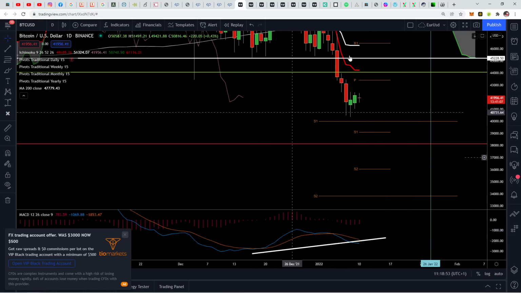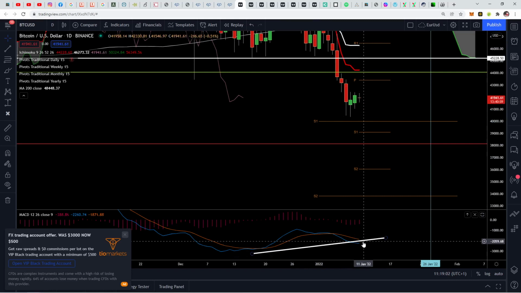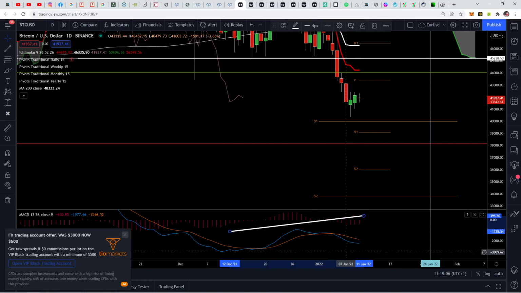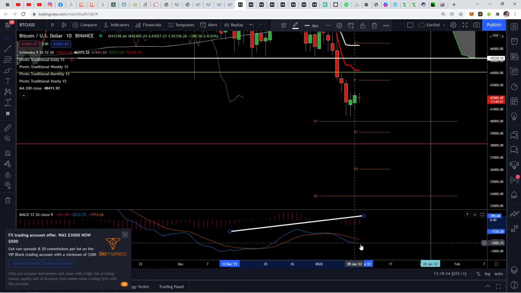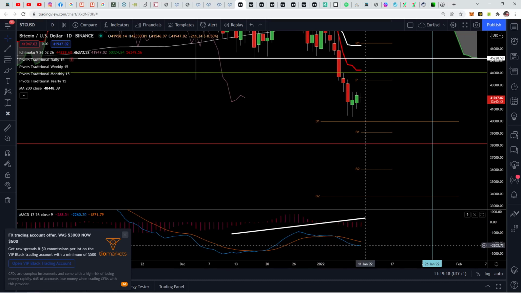It's already, I would say, quite significant, because we have a big drop, but you can see MACD doesn't move very much down, so we're lacking momentum basically. That's what it's showing us. You can already see it's starting to level out, the blue line here, which is the signal line on the MACD.